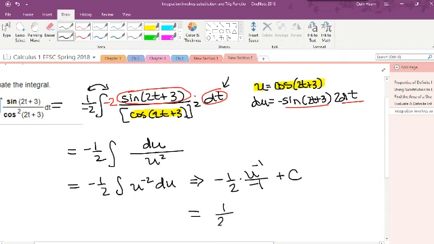You have 1 over 2u plus c, but we didn't have u's to start with, so our answer needs to be in terms of t's. So remember, u was actually cosine of 2t plus 3. So that's going to be 1 over 2 times the cosine of 2t plus 3 plus c.